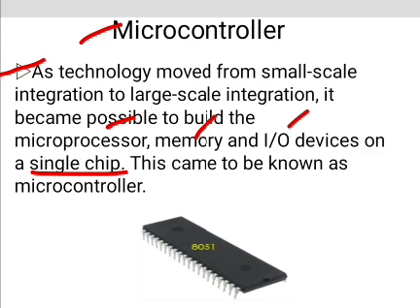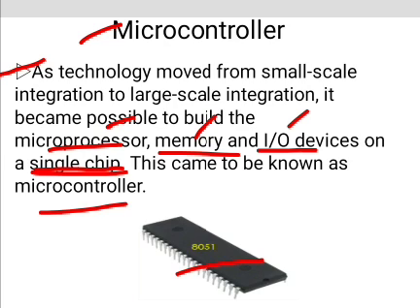That means the CPU, memory, IO devices and other devices are fabricated on a single IC, a single chip. This is known as a microcontroller. It is an IC that can be programmed to perform a set of functions to control a collection of electronic devices. You know the 8051 microcontroller.